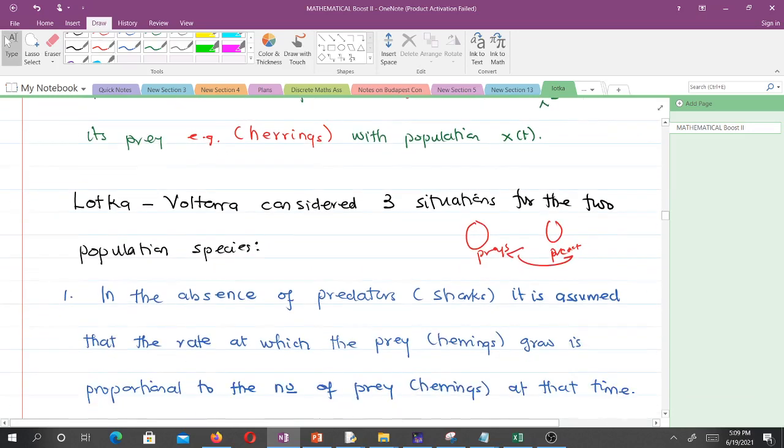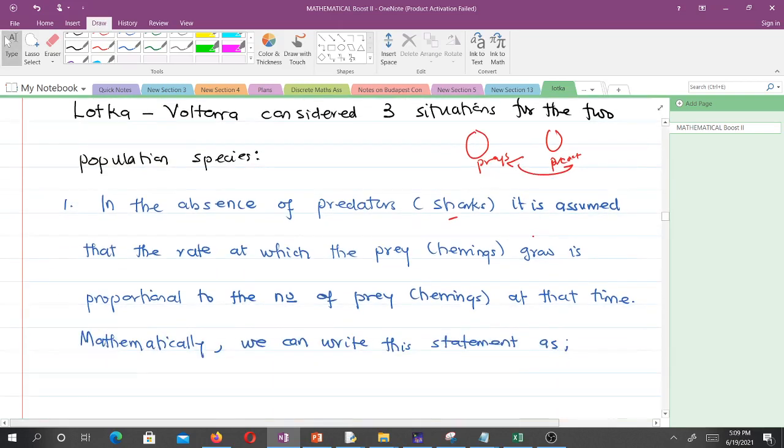So in the absence of the predators, that's the sharks, and the prey herrings, it is assumed that the rate at which the prey grow is proportional to the number of prey at that time. And that's true. The predators feed on the prey, and when they feed on the prey, they reduce their population. That means in the absence of the predators, the prey are going to outgrow.